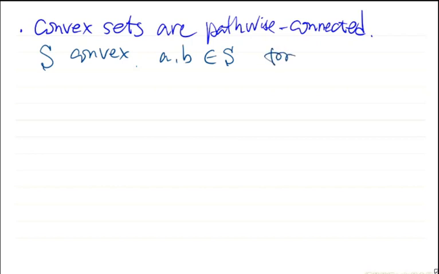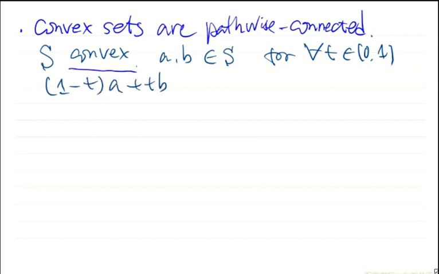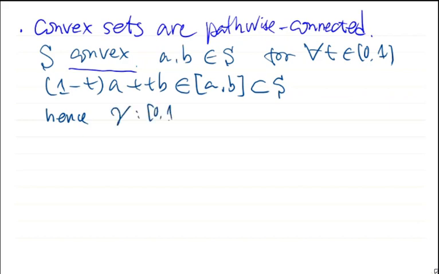So by definition of convexity, if A, B are 2 points in S, then for any t in the interval [0, 1], (1 minus t)A plus tB belongs to the segment with endpoints A, B, but because S is convex, the segment is a subset of S. Therefore, this map gamma from [0, 1] to R^n, gamma(t) is (1 minus t)A plus tB.